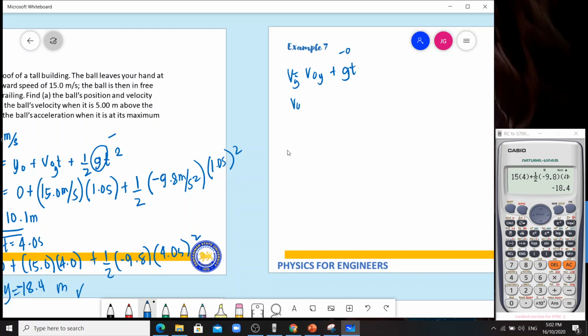Okay, so vy is equals to 15 meters per second minus 9.8 meter per second squared times t na 1 second muna.